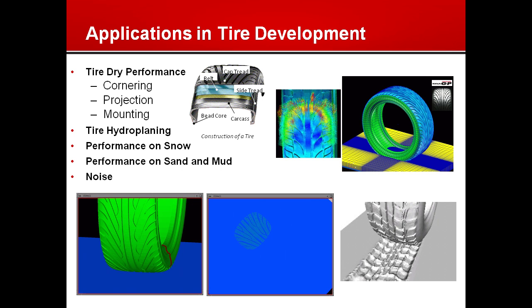Now you take this complicated structure and roll it over a wet surface or snow or mud to predict the tire footprint. Very complex. A few years ago, an application like this would take about 3 weeks on a very fast computer. But now, with the use of DMP and parallel processing, you can reduce the simulation to only a few hours.